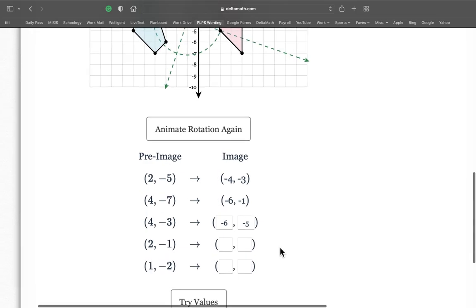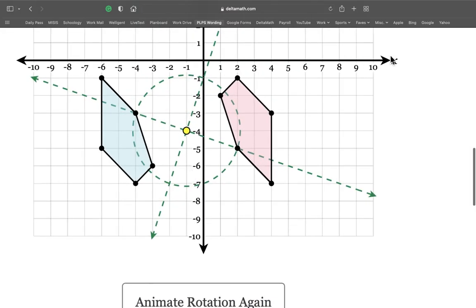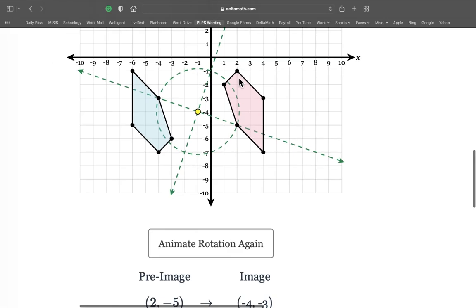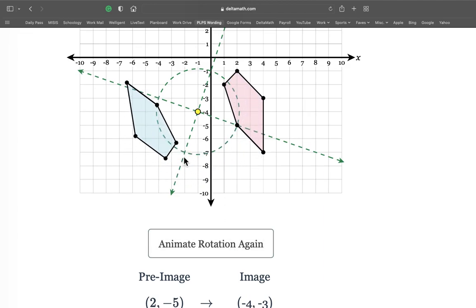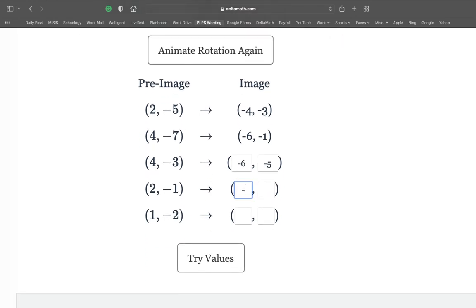Next, 2 comma negative 1: 2 on the x, negative 1 on the y. Let's keep an eye on that one. Ready? And it went there. So negative 4 on the x first, negative 7. So negative 4, negative 7.